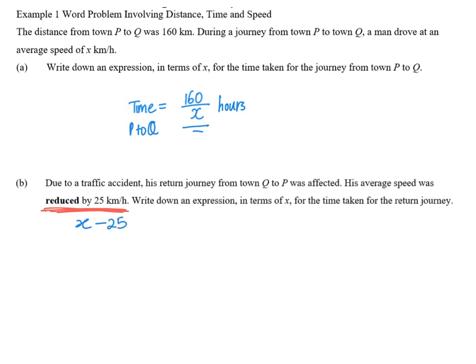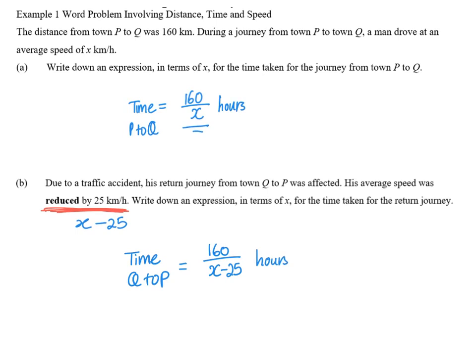Write down an expression for the time taken for the return journey. So the time taken to travel from Q to P would be the same distance divided by the new speed, x minus 25. And again, distance is in kilometers, speed is in kilometers per hour, so the unit for the time will be hours.